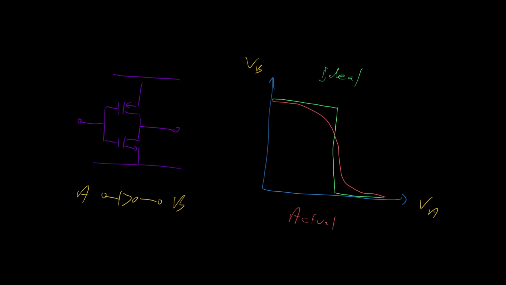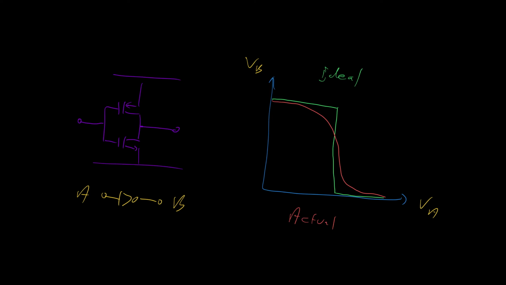And if the input voltage is from 2.5 volts to 5 volts, the output voltage should be 0 volts. That's an ideal inverter. In practice, we've seen using LTspice simulations, it looks something like the red curve here, maybe even steeper. And it's because this curve is so steep in the middle and thus flat at the ends, we get very good robustness to noise.